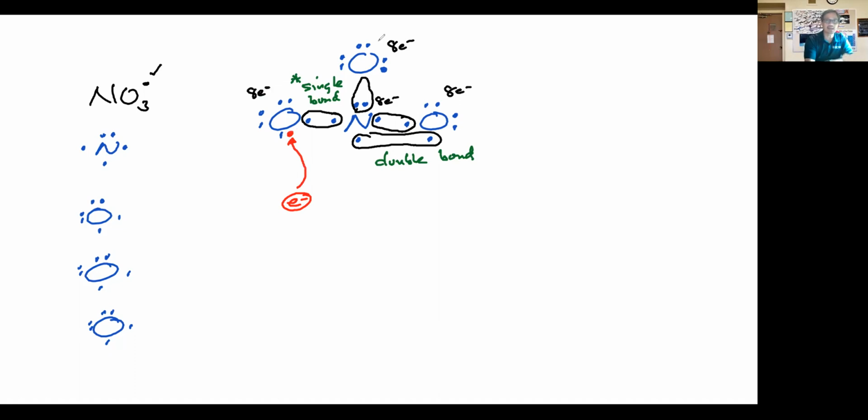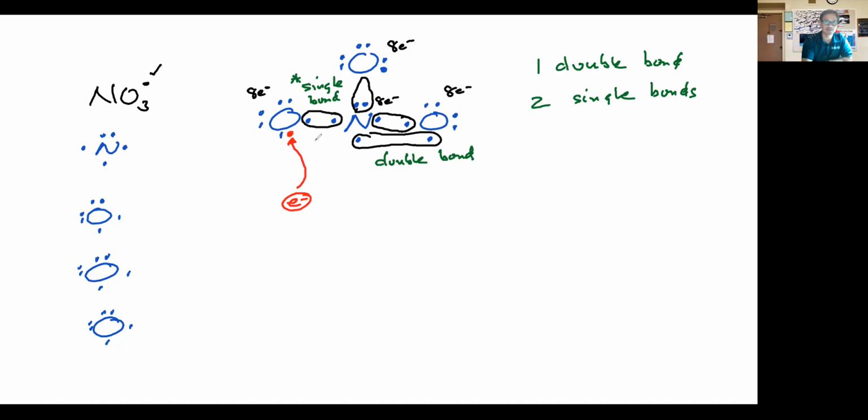So the nitrate anion is made up of 1 double bond, 2 single bonds, and again, one of those single bonds is formed as a result of a coordinate covalent interaction. That's this one right here, and this is another single bond here.